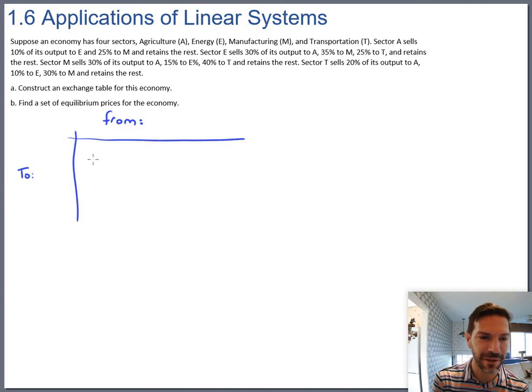This is pretty typical. So we have four sectors. We've got agriculture, we've got energy, we've got manufacturing, and we've got transportation. And same thing along the side.